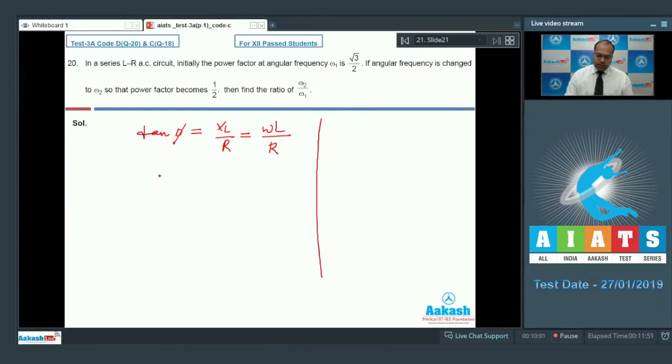So I can say that 1 by root 3 is equal to omega 1 L by R. In the second case, when the power factor becomes 1 by 2, it means the value of phi becomes 60 degree. So I can write root 3 is equal to omega 2 L by R. If I take the ratio, then omega 2 by omega 1 comes out to be 3. So the correct answer for question number 20 is 3.